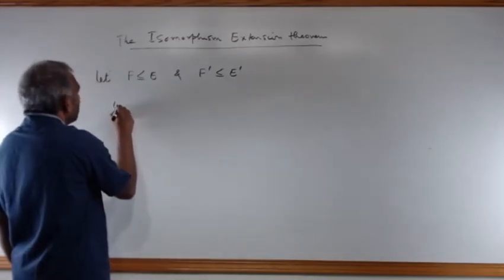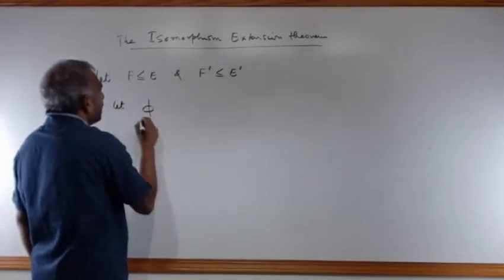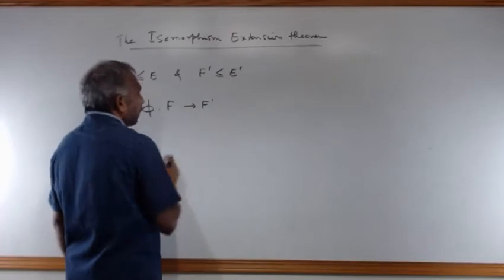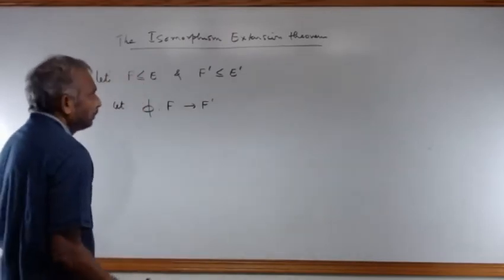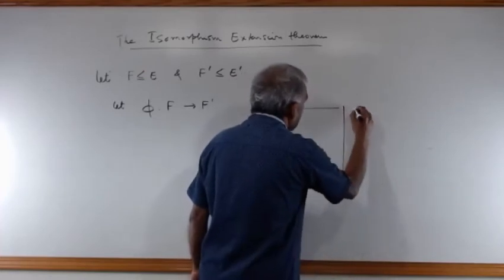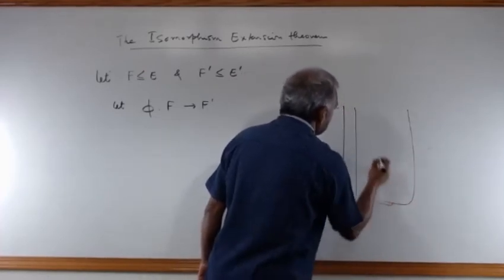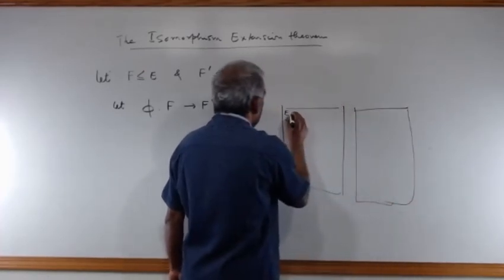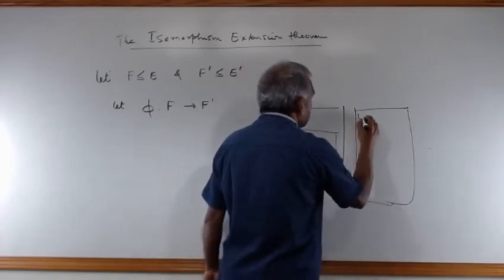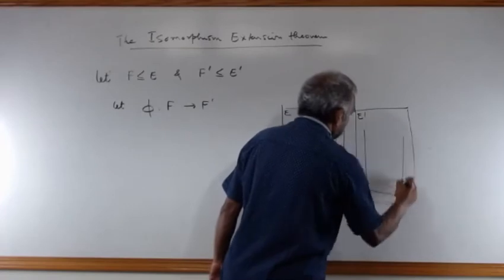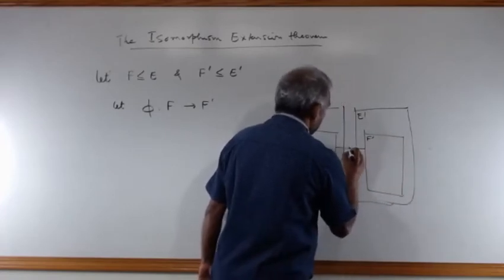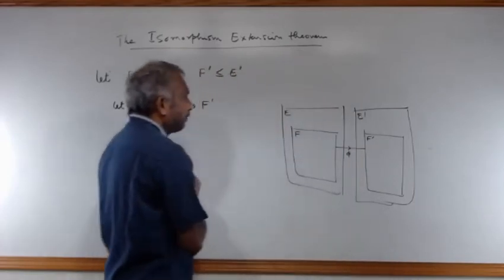And let phi be an isomorphism from F to F prime. So it's going to be like this: E, F, E prime, F prime. We have an isomorphism here from F to F prime.